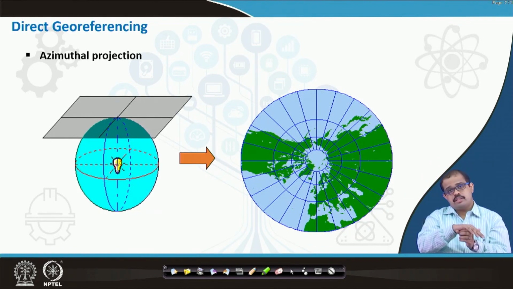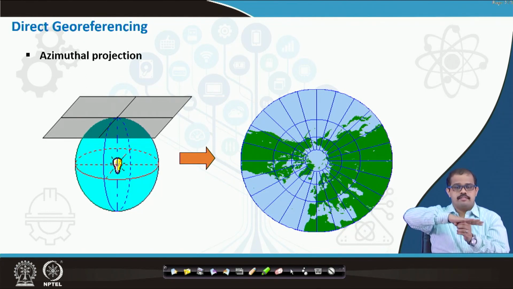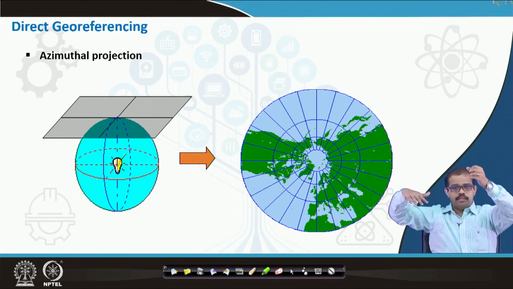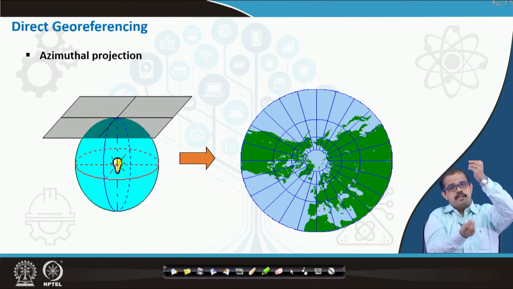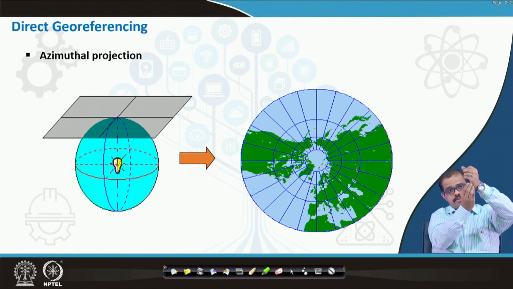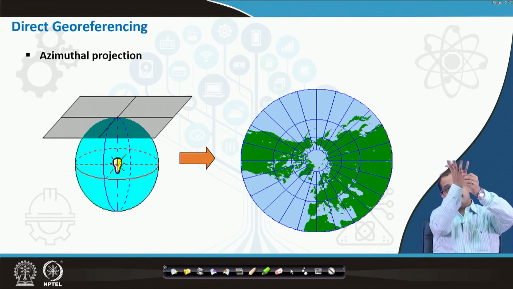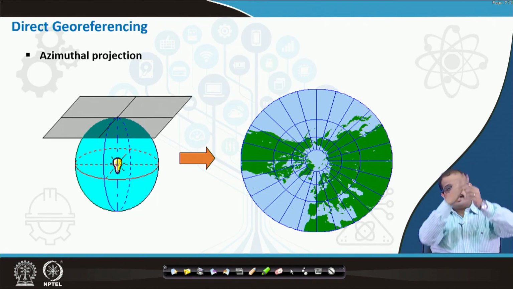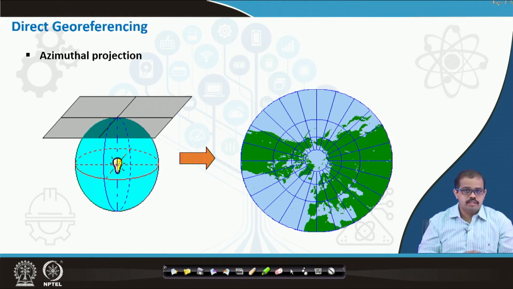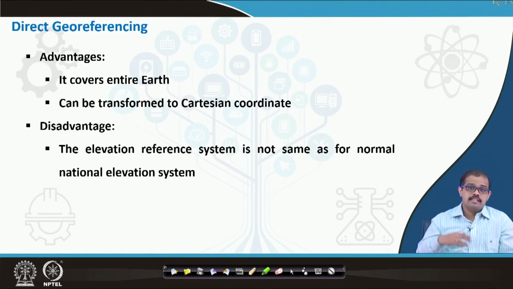Whatever you see is the projection from that point on the earth surface. For example, if this is your earth surface and you have kept a paper like this, put a light across like this. Now with this light, the entire earth is projected on the paper. That is your azimuthal projection, okay. So you have three types of projections. You looked at cylindrical, conical, and azimuthal projections. We will look at certain more details about all of these projections.